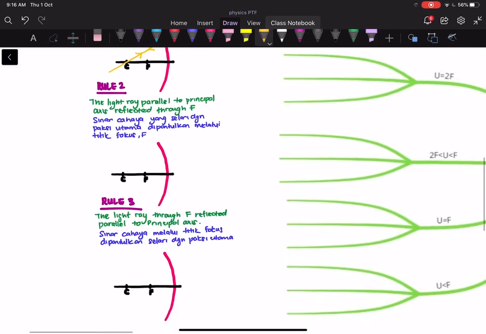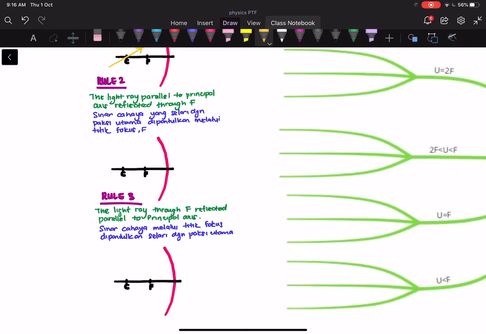The second rule says a light ray parallel to the principal axis, sinar cahaya yang selari dengan paksi utama akan dipantulkan melalui titik F. That is your second rule: a light ray parallel to the principal axis is reflected through the focal point.